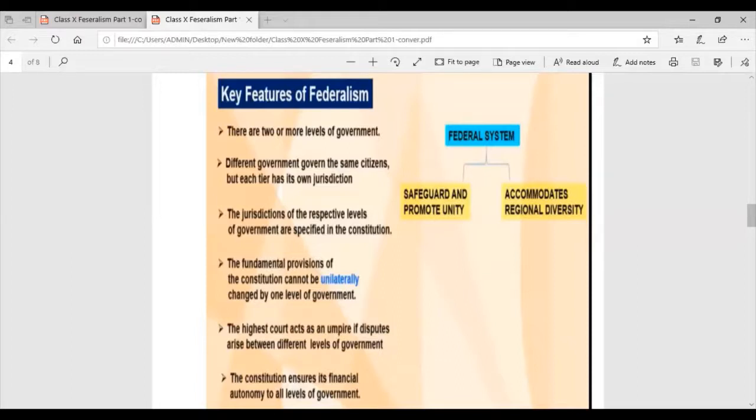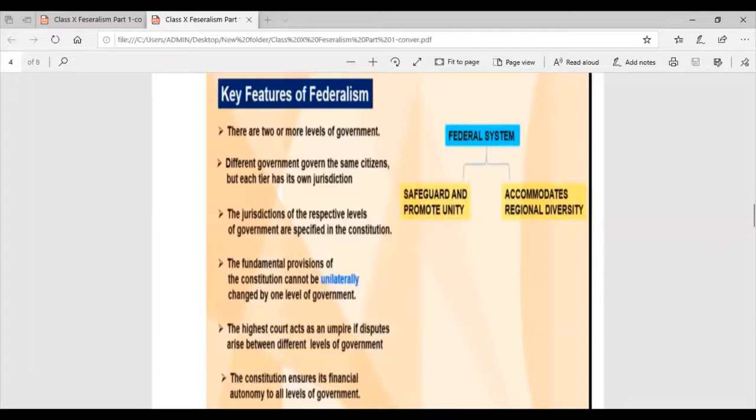Courts have the power to interpret the laws which are framed either by the union government or by the state government. The apex court at the state level is the High Court, and at the union level is the Supreme Court.